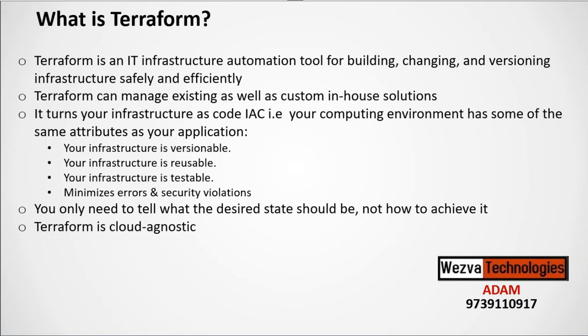So by using the concept of infrastructure as code, you will be able to version your infra. Versioning your infra means versioning the desired infrastructure that you are putting into a file. That is how it is easy for us to do the versioning.